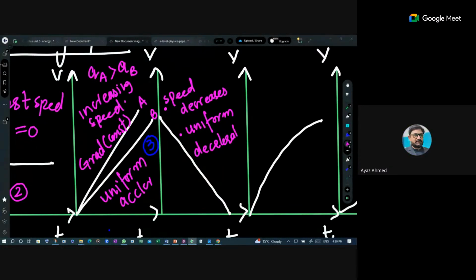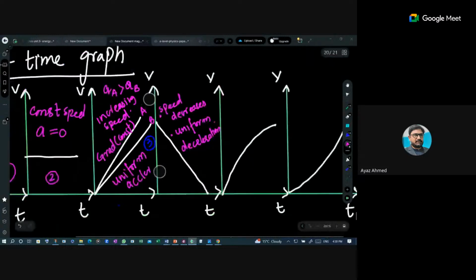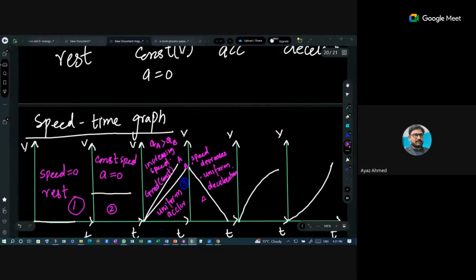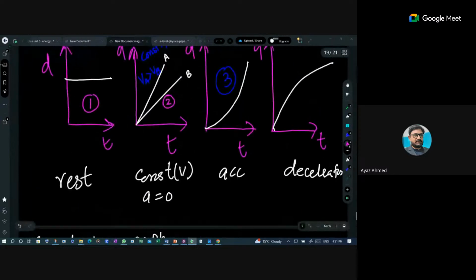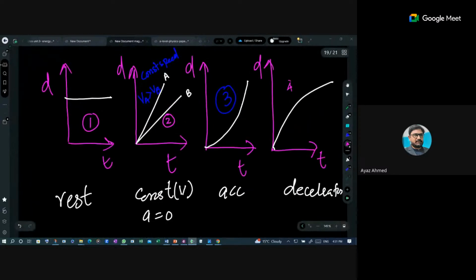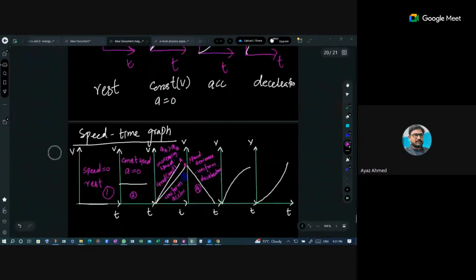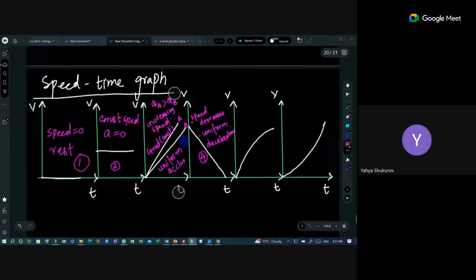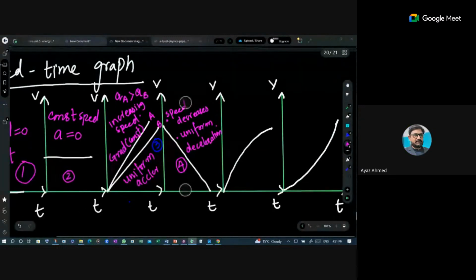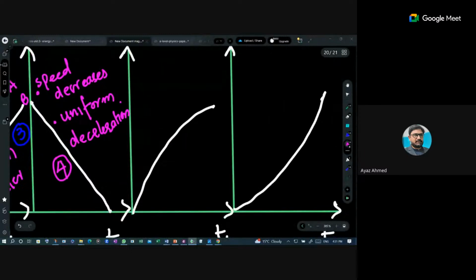When there is uniform deceleration, I told you that this graph is similar to this one in your distance time graph, because it has uniform deceleration. Is it? Okay.